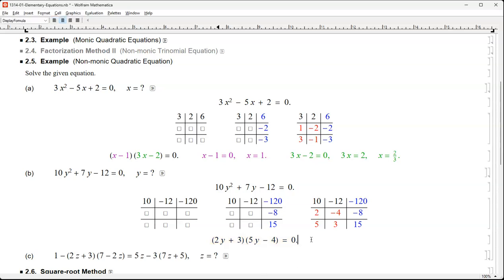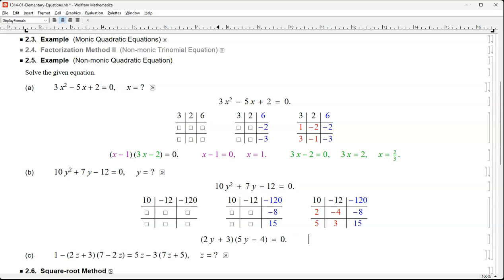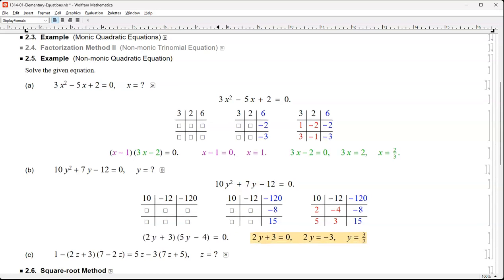From the first factor, what do you get? 2y plus 3 is equal to 0. 2y equals negative 3. y is negative 3/2.